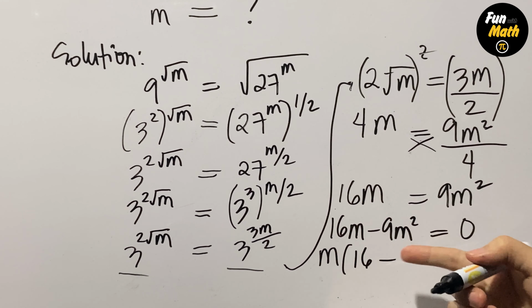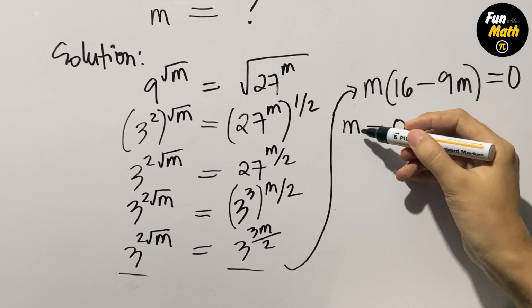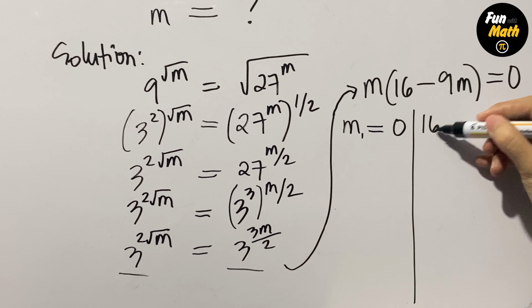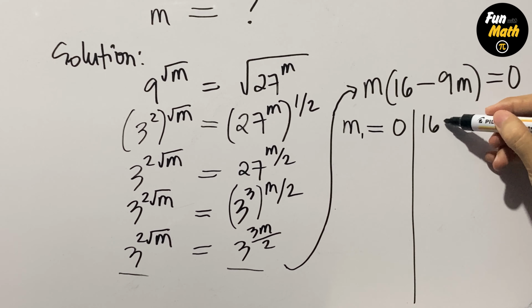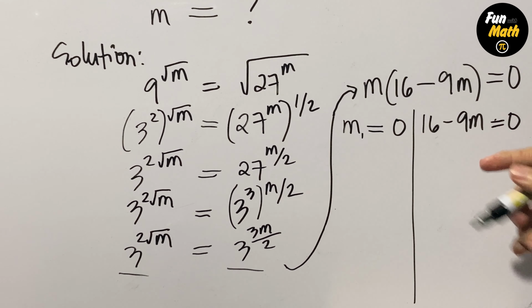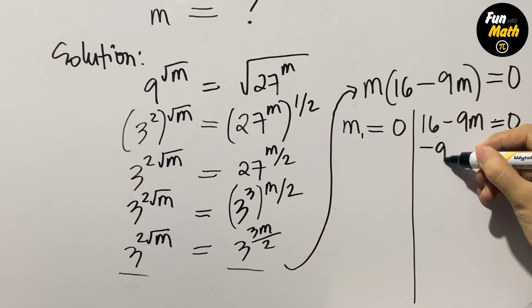And then to continue, for this, we can have two equations. First equation is m equals 0. And this is the value for our first m. Second equation is 16 minus 9m equals 0. And then we are going to take 16 to the other side, and that is negative 9m equals negative 16.